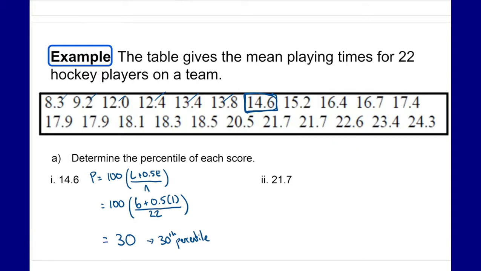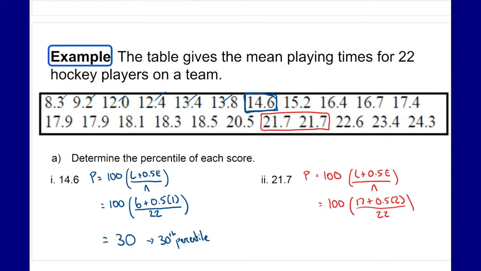For the second one, 21.7, we're going to look at these scores here. We use the same formula, 100 times L plus 0.5E, all divided by N. We have 17 scores that are less than, so 17 plus 0.5 times 2, because we have 2 scores of this, all divided by 22.